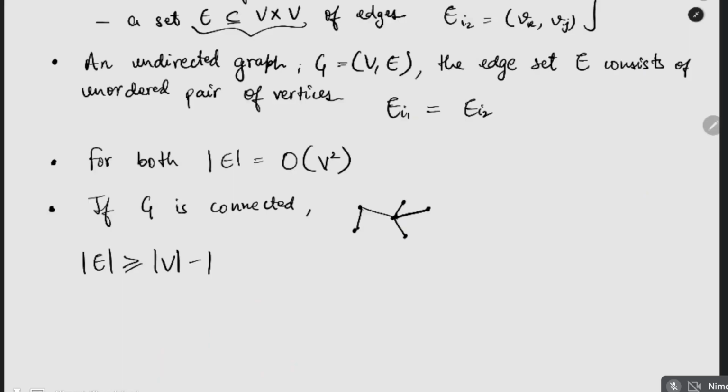And this implies that for a graph to be connected, the order of the edges is basically a linear order.